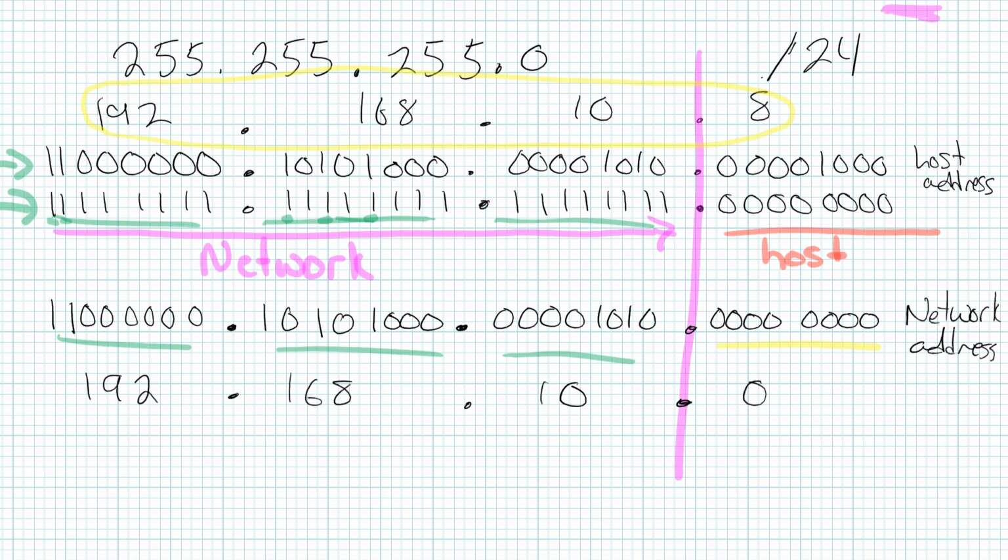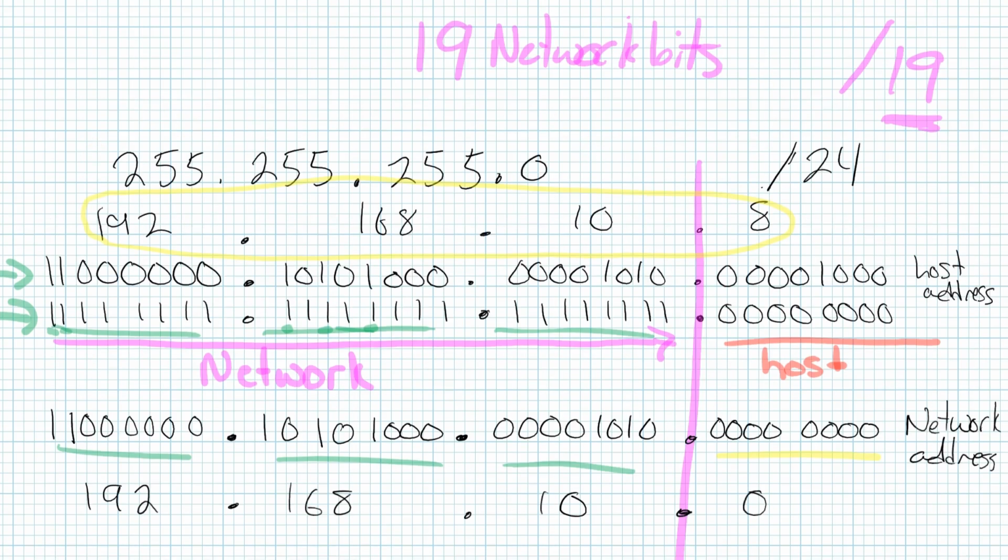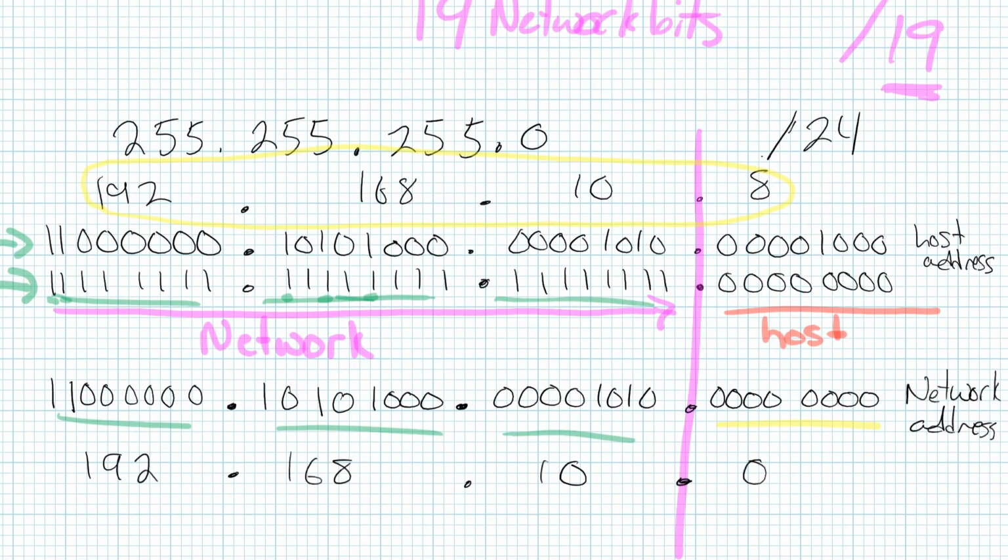So in our path to find 192.168.10.8, we're first going to have to go to the network 192.168.10.0. So that's essentially what we're doing when we look at network addresses, host addresses, binary. I'll make another video where there's lots of examples and you can practice these conversions. But for now, what's crucial is that you know the network portion of the address comes first, the host portion comes second.